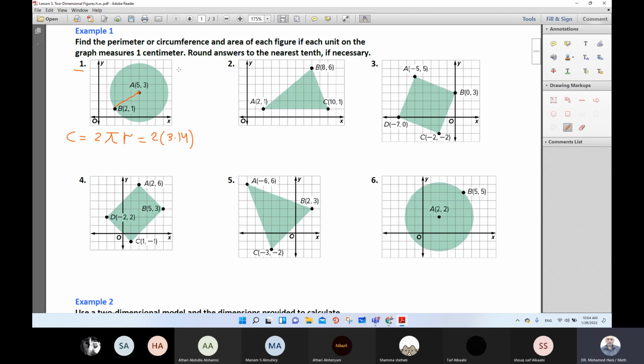We can use the rule of the distance: the square root of (x2 minus x1) squared plus (y2 minus y1) squared.